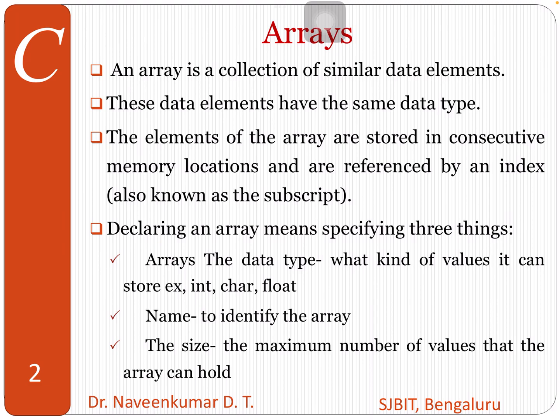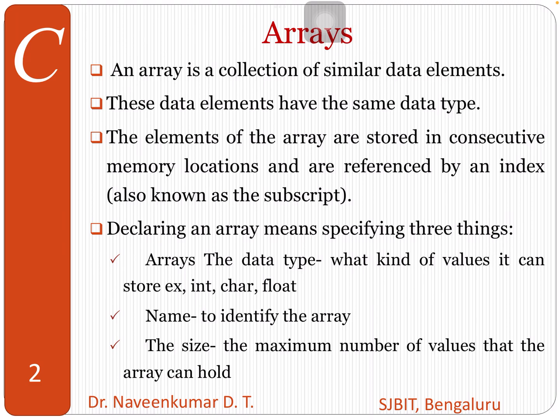Declaring an array means declaring three things. The first one is the data type of the array, whether it is an integer value, character value, or floating type of value, the type of value which we want to store in the array. Then one more important thing is the name of the array. Just like any other variable, we give it a name.